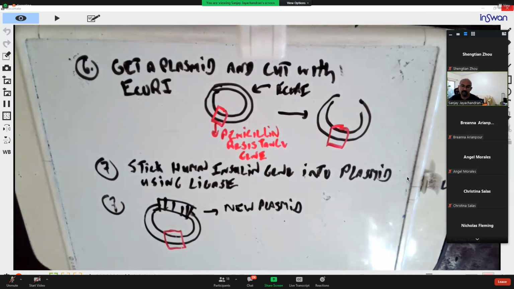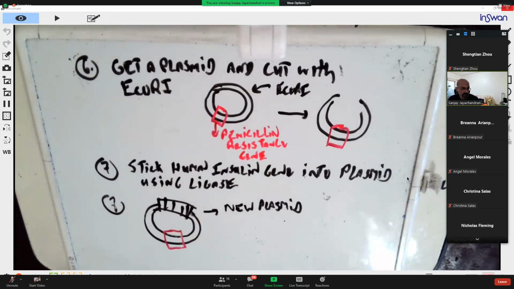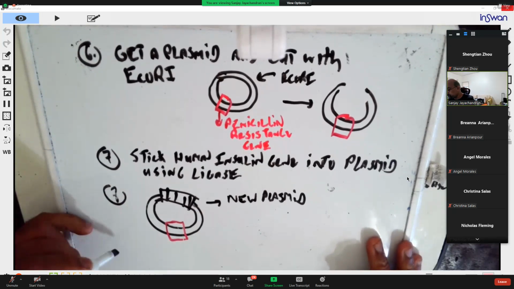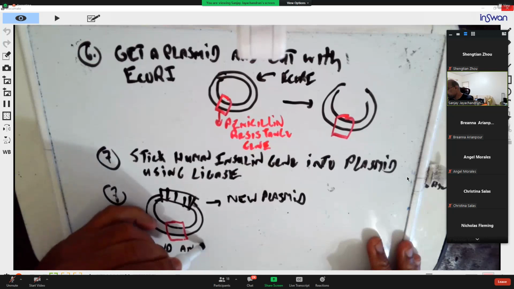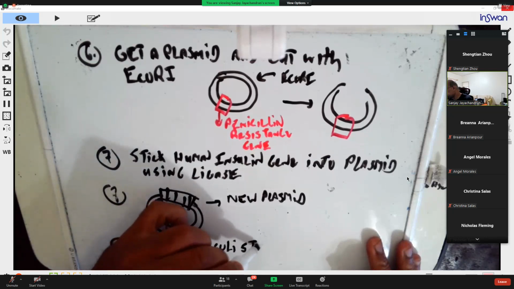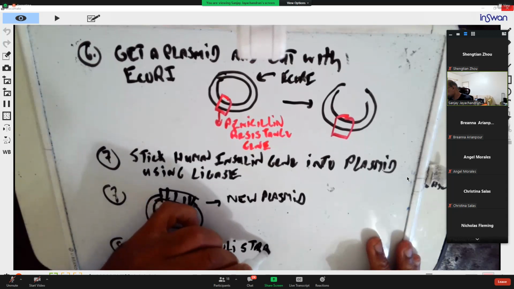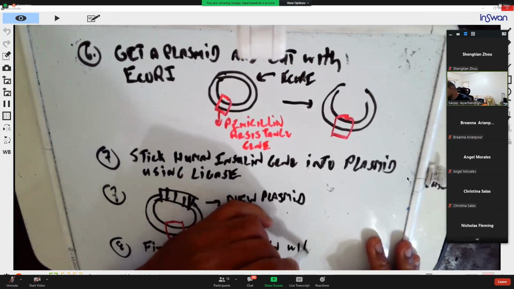So think of a plasmid as like a shuttle van. I'm going to use this shuttle van for something. Okay, so then what I'm going to do is find an E. coli, a bacterial strain, find me a bacterial strain with no plasmid.